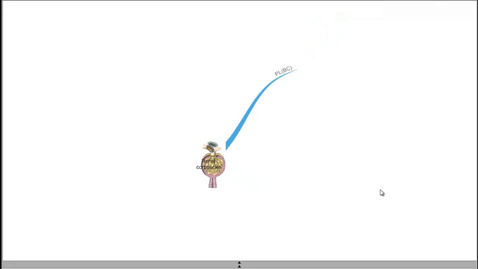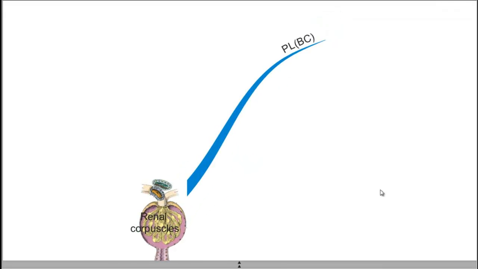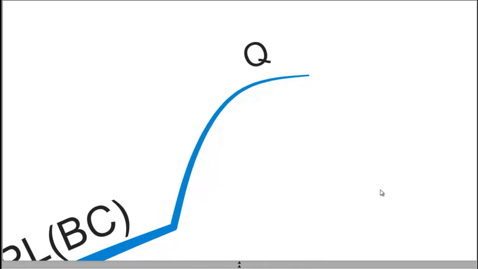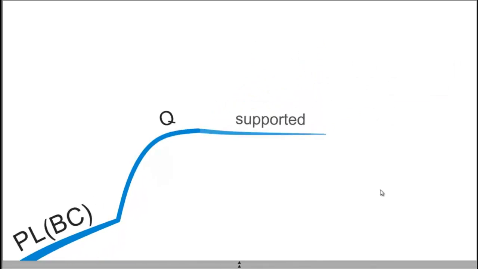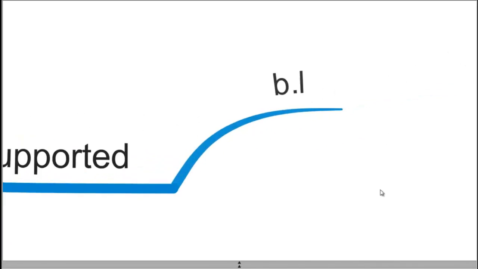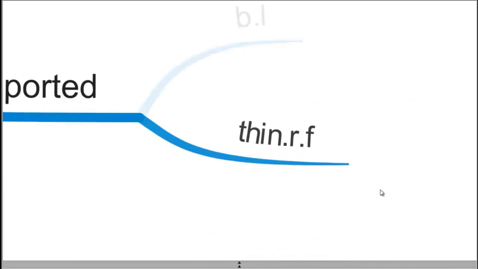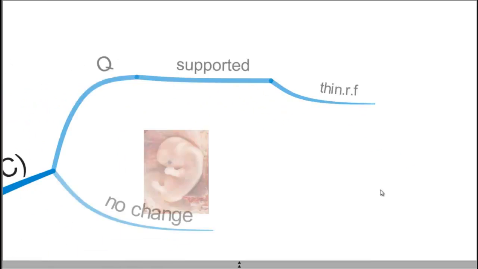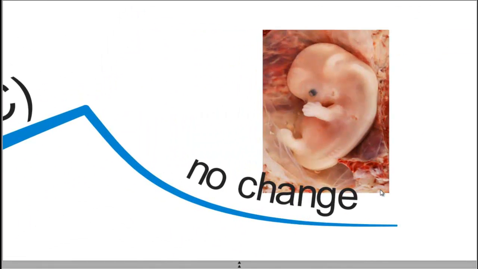Then we talk about the parietal layer of Bowman's capsule. It consists of simple squamous epithelium supported by a basal lamina and a thin reticular fiber layer.